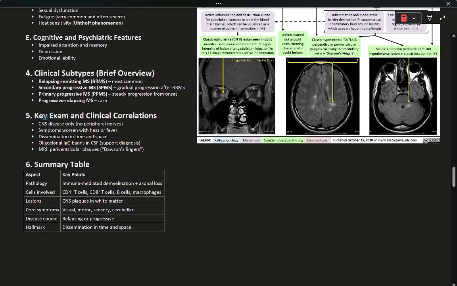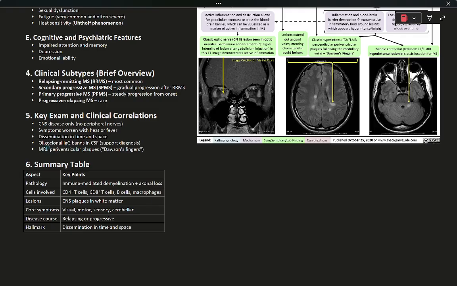And then the key exams and some clinical correlates to know are that it is a central nervous system disease only, so usually no peripheral nerves are affected. The symptoms will become worse with heat or fever, and there's going to be dissemination in time and space.